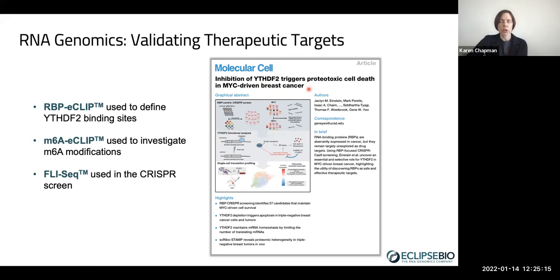So essentially the question they're asking is, when we knock down individual RBPs, which ones have the effect on the proliferative capacity of these cells? And they identified YTHDF2, which happens to be an M6A reader protein. So they identified this as being very important for MYC-driven breast cancer.